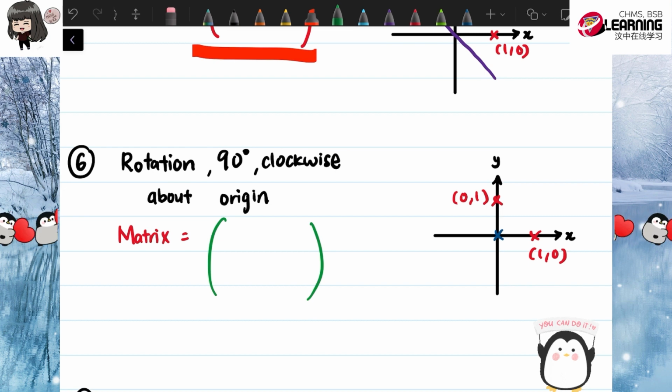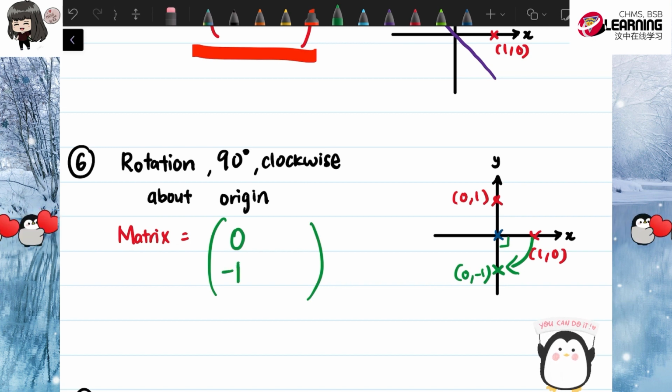So (1, 0), rotated 90 degrees clockwise about the origin, will go here. So (1, 0) will be at (0, -1).